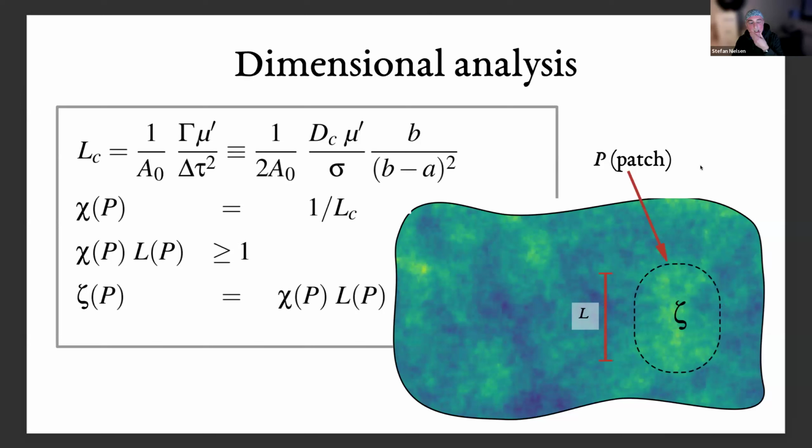Now, okay, let's do a bit of dimensional analysis. If I take again my critical crack length or my rate and state L infinity, I have a dimension here, which is a length.